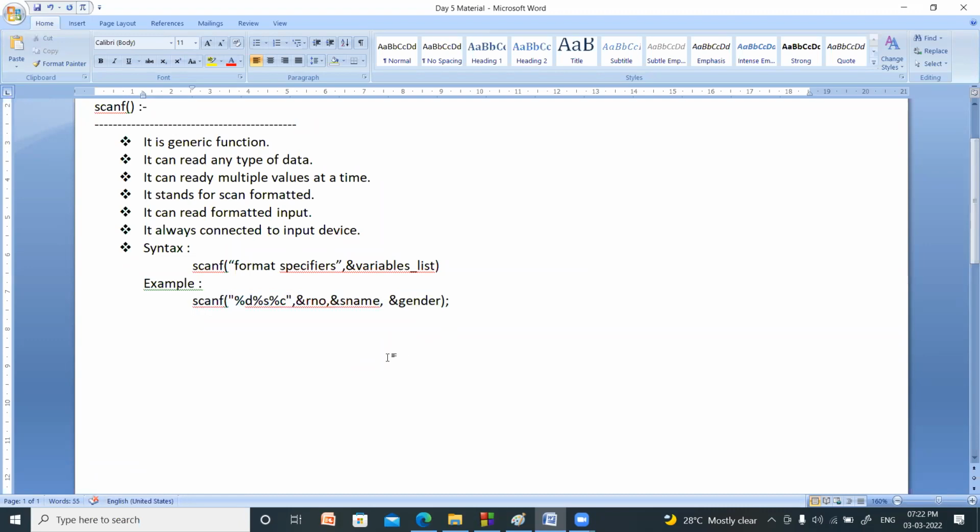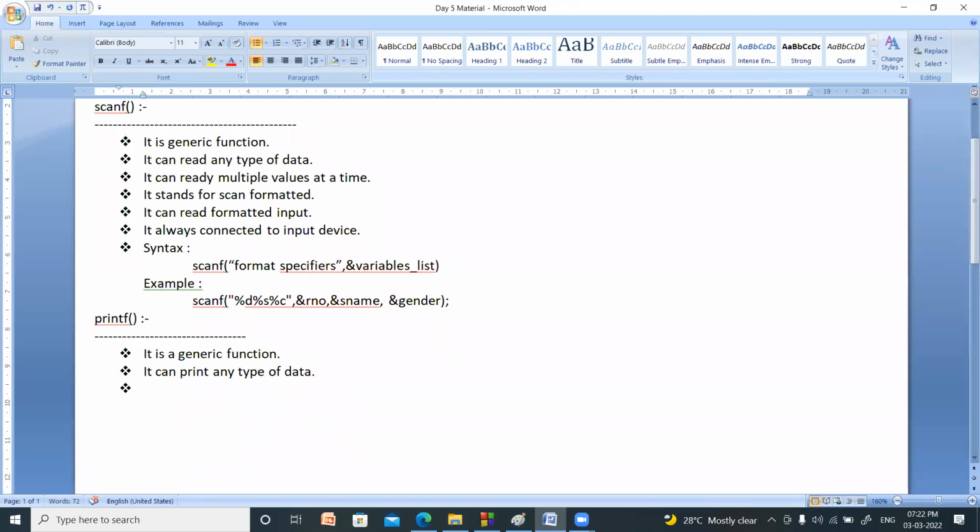Right. Now I am going to explain what is the printf function. Printf function is also a generic function. Why is it called a generic function? Because it can print any type of data.